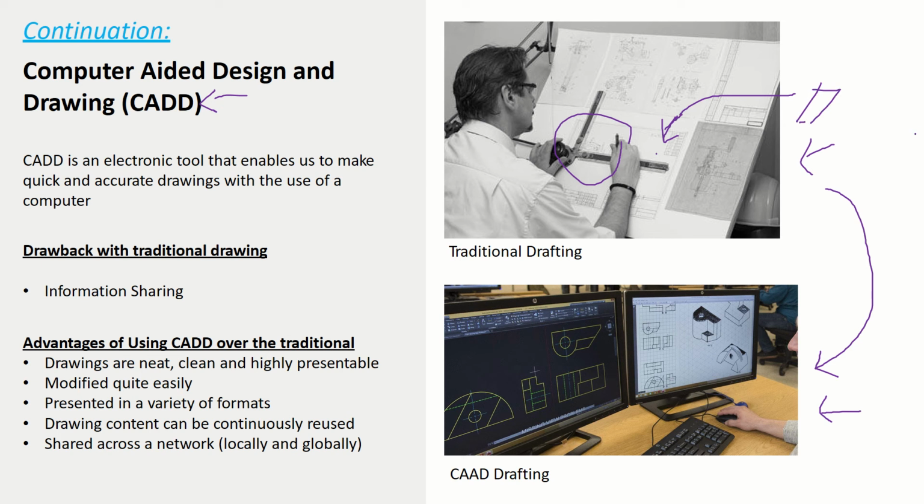Now, this is how we get into the advantages of using CAD over traditional. One, drawings are neat, clean, and highly presentable. Not to say that traditional drawings cannot be neat, right? But CAD drawings are definitely more neat and more precise. So when you are drawing your lines, let's say we draw a line like this and like this, the chances of having clean corners are higher in CAD than in traditional drawing.